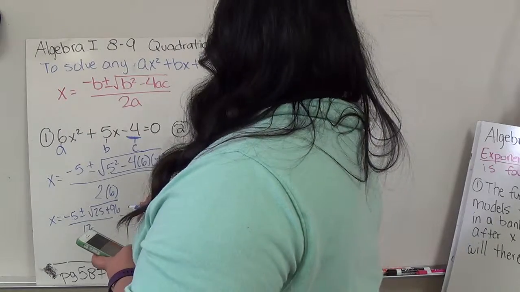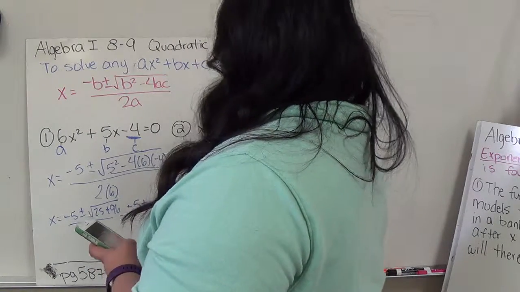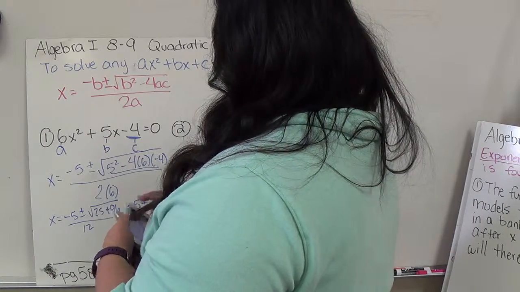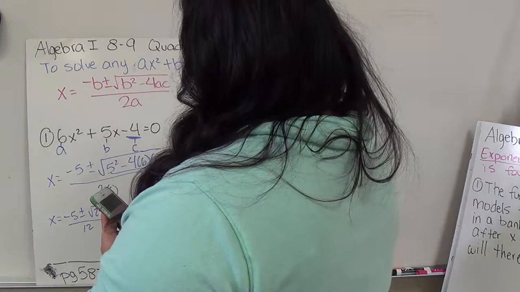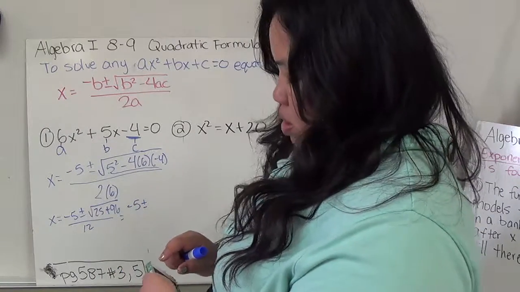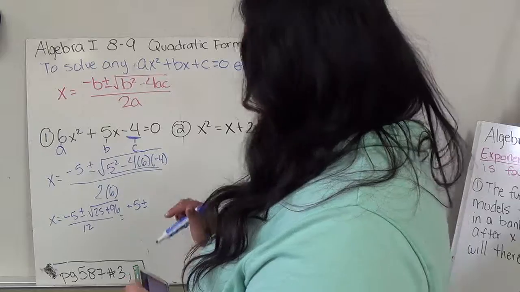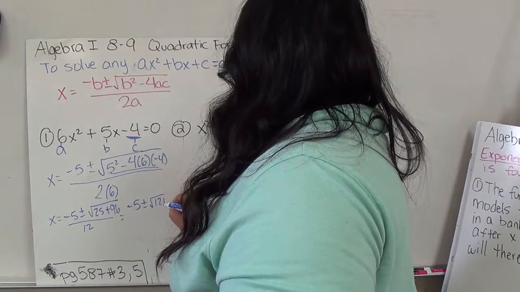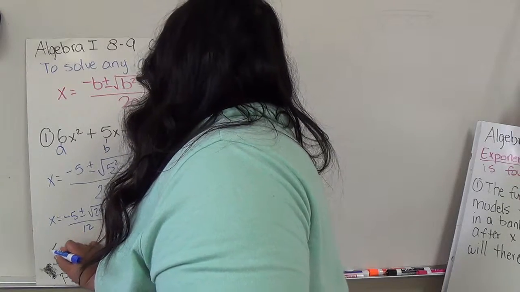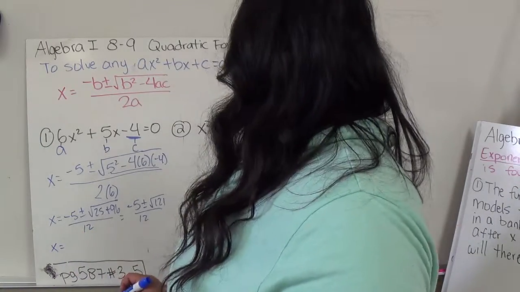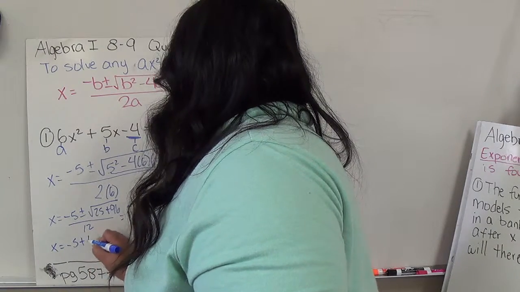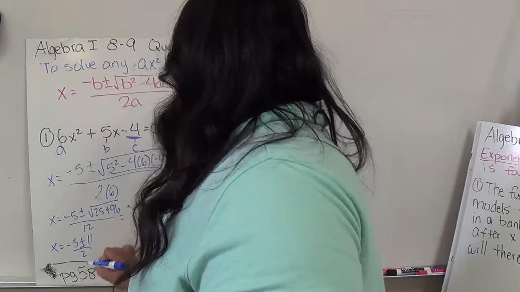Then I would have negative 5 plus or minus the square root of 25 plus 96, which is 121. So square root of 121 over 12. This gives me x equals negative 5 plus or minus 11 over 12.